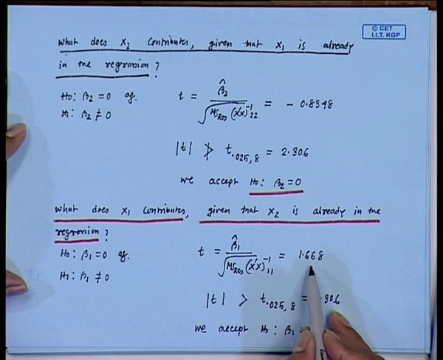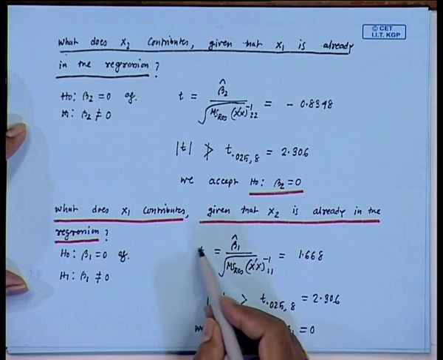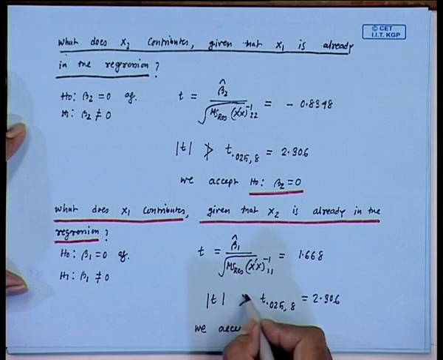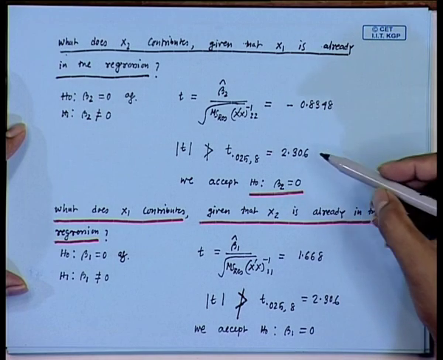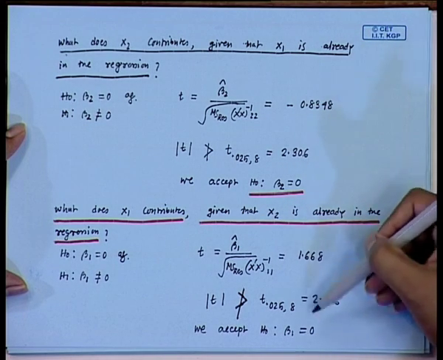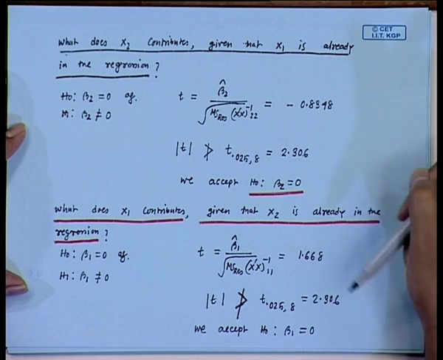Again you see that the observed value is not greater than the tabulated value. That is why we accept the null hypothesis beta 1 equal to 0. So, none of the partial tests, the partial F test or the t test, are significant.